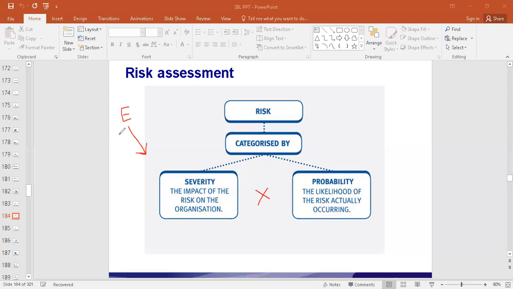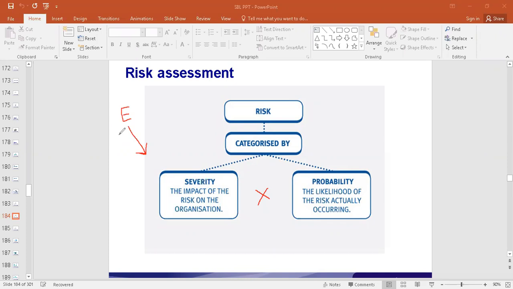Event and the impact it has on the organization. After that, what chance does it have? For each event which is identified, the probability of happening of the event also has to be identified. So event number one, what's the monetary loss? What's the chance of it to happen? Event number two, what's the consequence? What is the probability? Event number three.